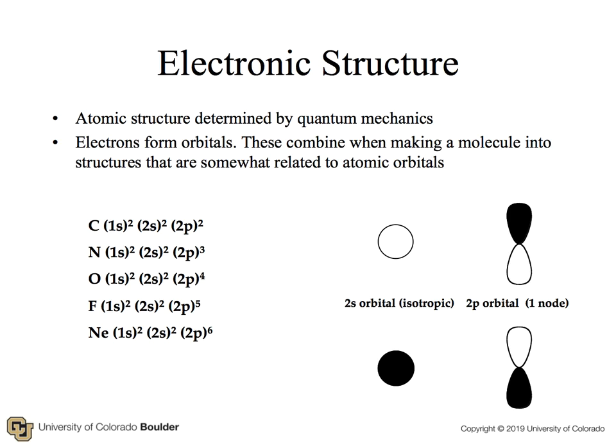And I just list the second row from carbon to neon: carbon, nitrogen, oxygen, fluorine, neon, and it gives the description of the orbitals of the shell and subshell.